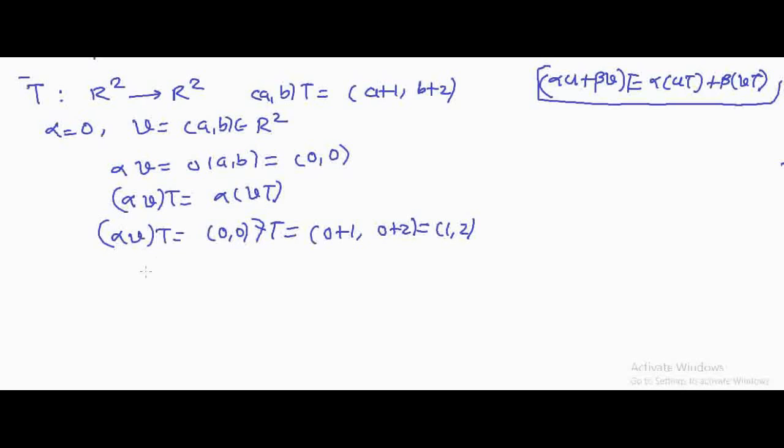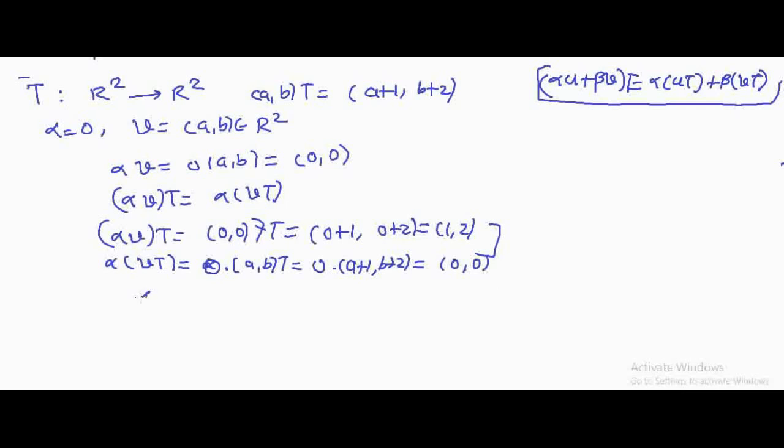Now see the right side, alpha times T of v. This is alpha, which is 0, times T of v, and T of v is T of (a, b). So 0 times (a plus 1, b plus 2) equals (0, 0). Now see these two values: (1, 2) is not equal to (0, 0).